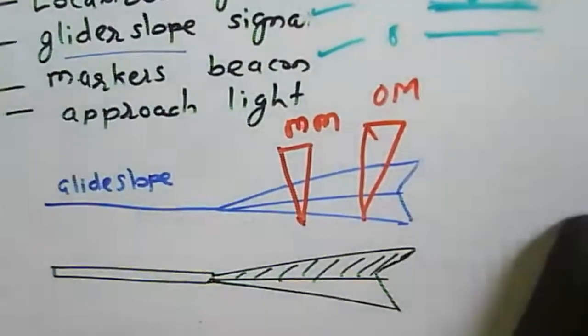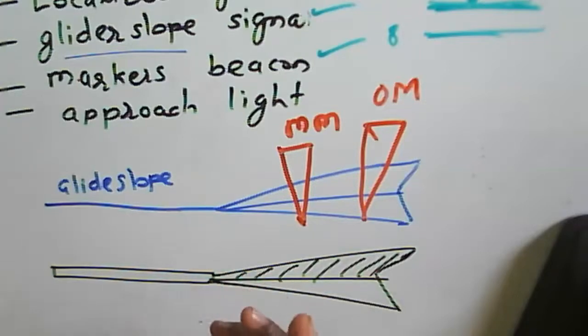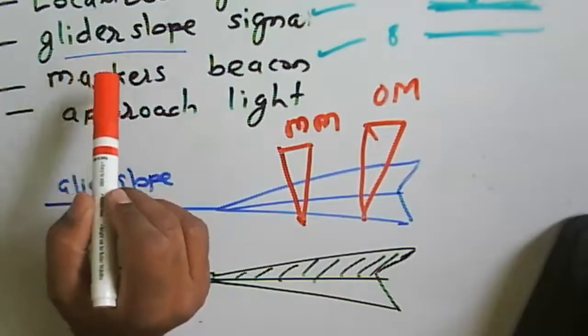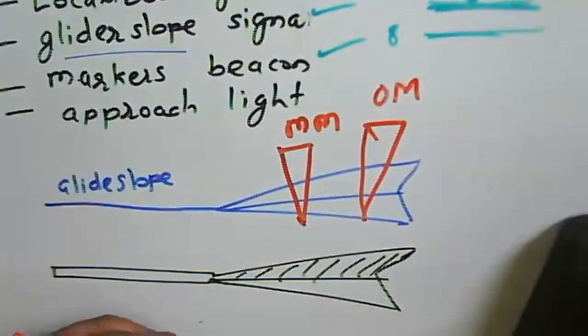Then we have the decision regarding whether to land the aircraft or not. That decision of landing the aircraft will be taken by the pilot based on the values from the glide slope that will be determined by the altimeter there.